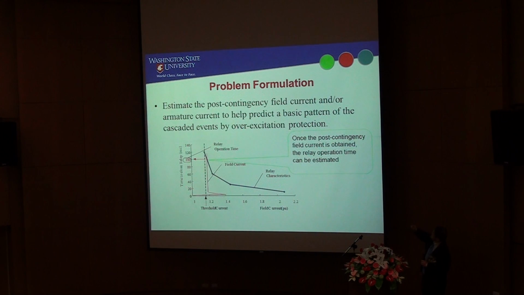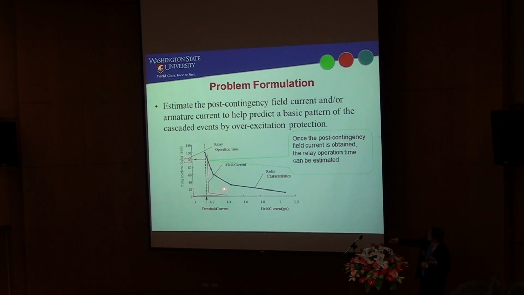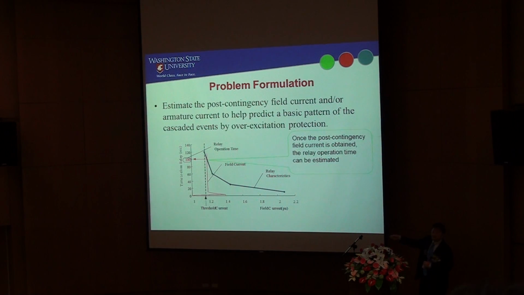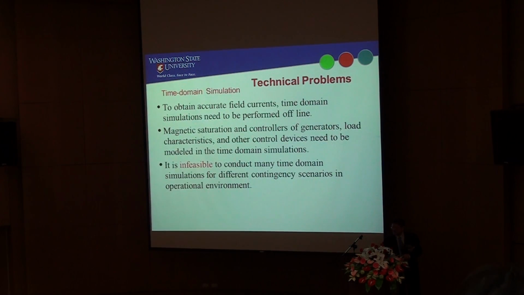Then maybe you can find a way to avoid relay tripping, overcurrent tripping, because you might lose the generator there. You should use other control actions. So this is the overcurrent relay characteristic. If the fault current is high, tripping time is short. If the fault current is low, tripping time is long. It's the inverse time characteristic.